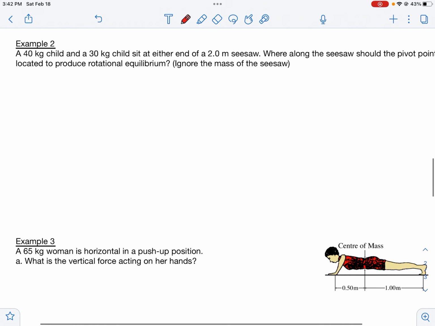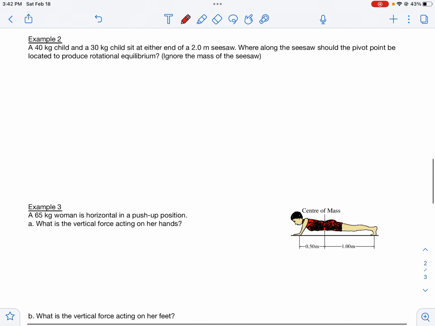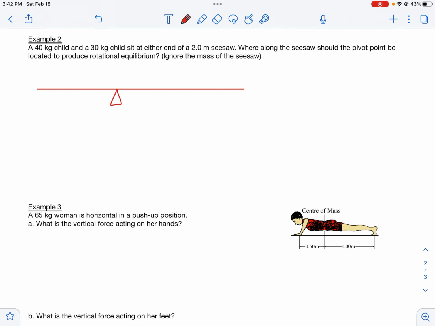Let's try another example. A 40-kilogram child and a 30-kilogram child sit at either end of a 2-meter seesaw. Where along the seesaw should the pivot point be located to produce rotational equilibrium? I'm going to make a sketch here. Here's my seesaw. The seesaw is 2 meters long.